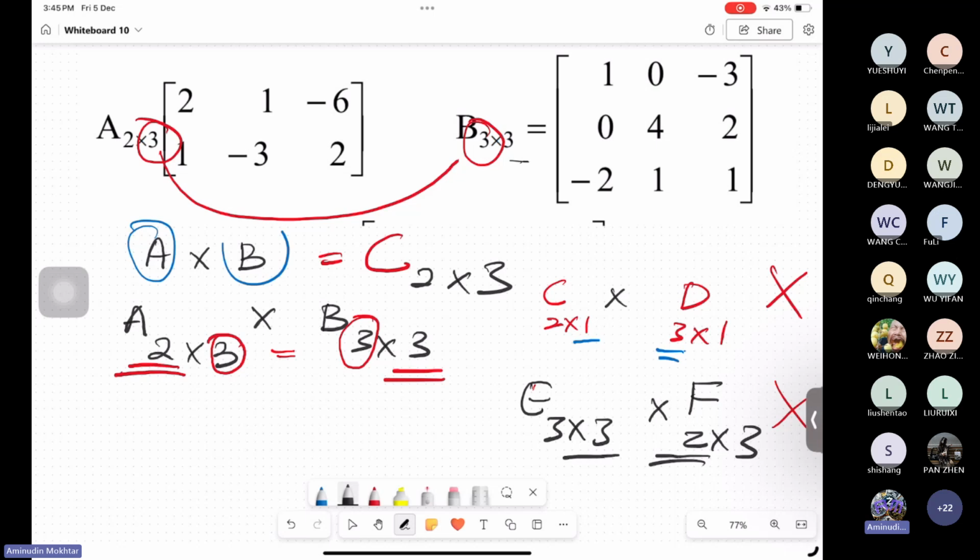The order of matrix C is 2 times 3, because the size of A is 2 times 3 and the size of B is 3 times 3.